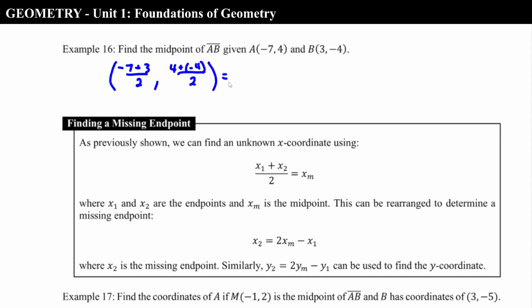Well, what that gives us is -7 plus 3 is -4 over 2. 4 plus -4 gives us 0 over 2. And so our x coordinate is -2. Our y coordinate is 0.